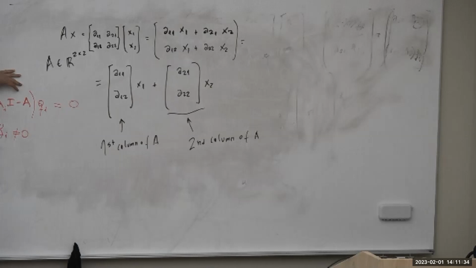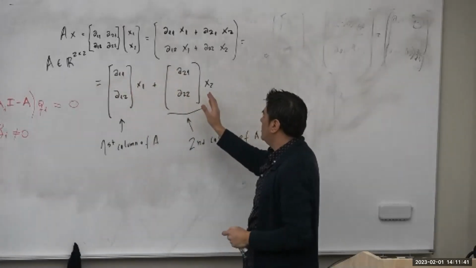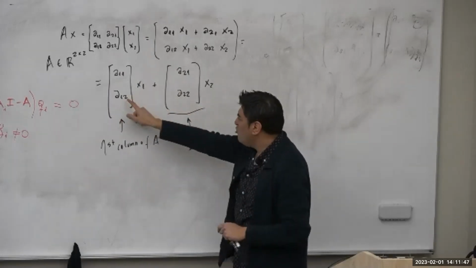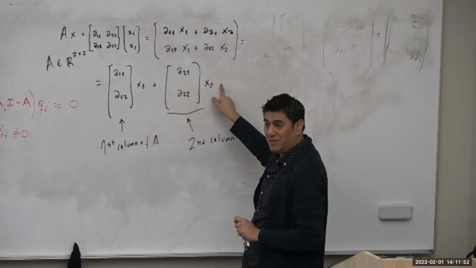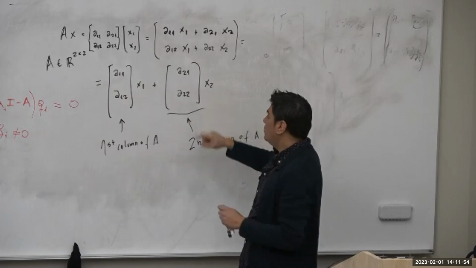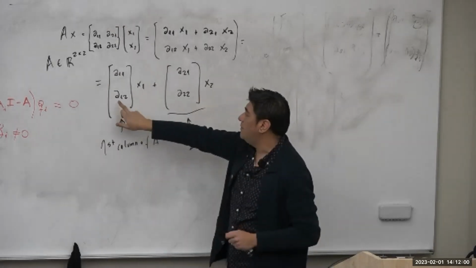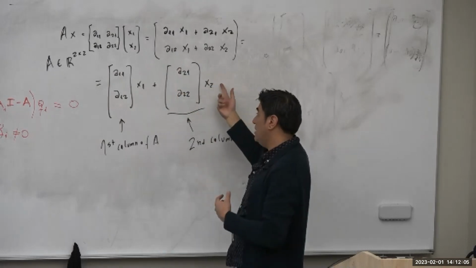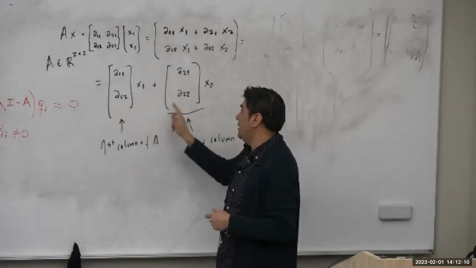When you have linear dependency, remember that part? For example, in this case here, you have a linear combination of the columns. If these columns are linearly independent, there is no way that this sum will lead to 0. You remember that part from linear algebra? So if this is different than 0 all the time, it's because the first column and second column of this matrix are linearly independent. But if this is 0, it's because these are linearly dependent.